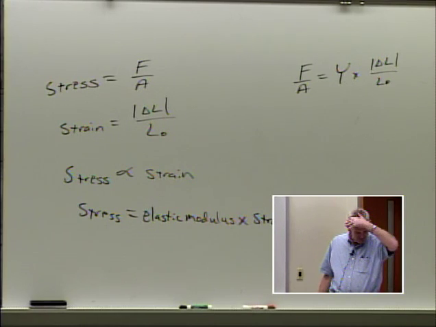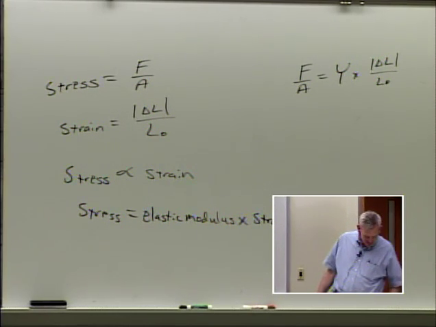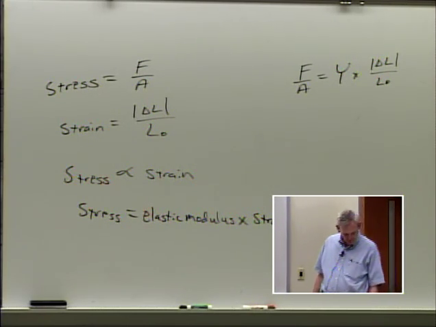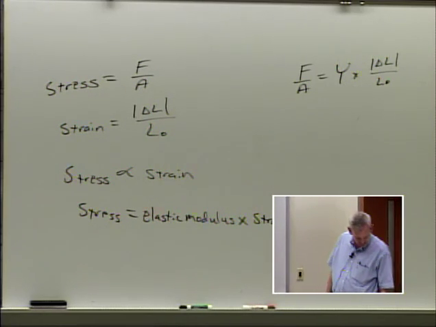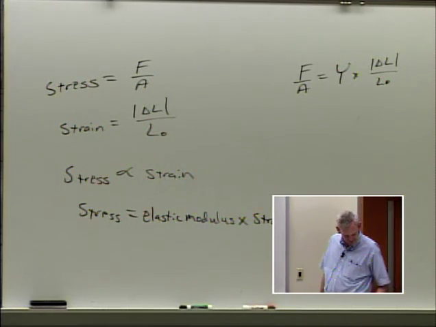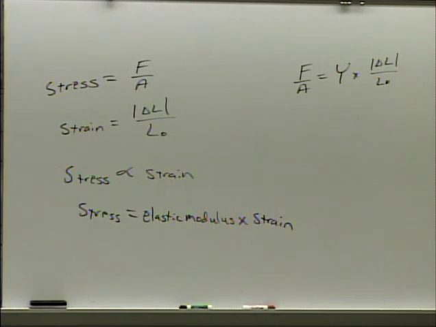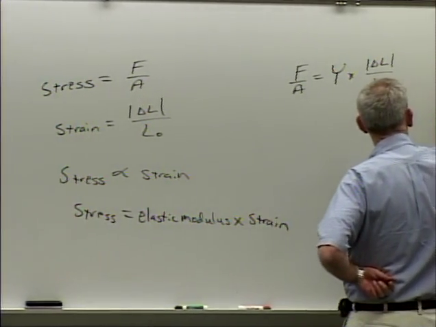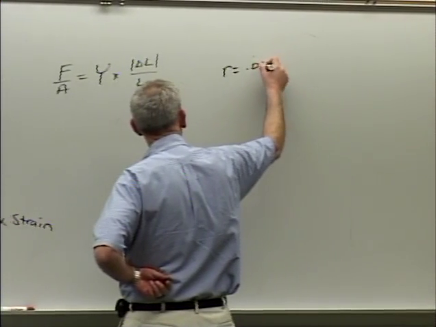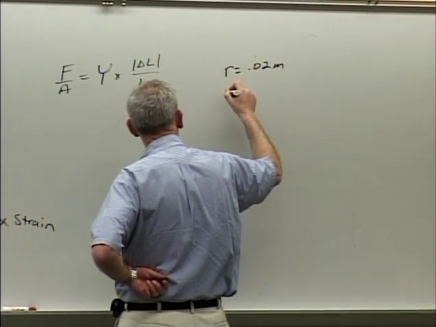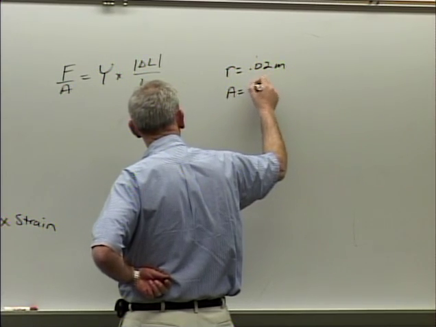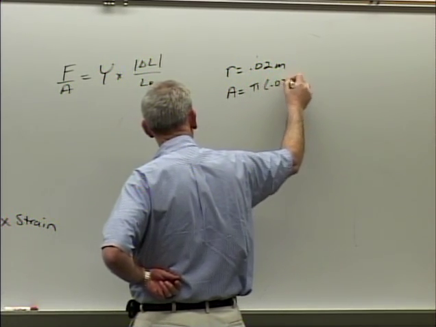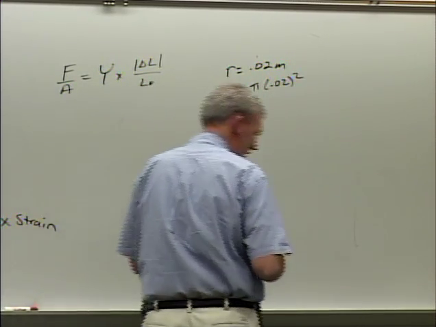It might say something like this: the femur, the upper leg, is the longest and strongest bone in the body. Taking a typical femur to be approximately circular in cross-sectional area with a radius of 2 centimeters. So R equals 0.02 meters, and then the area would be pi times 0.02 squared. Okay, that's not too bad.